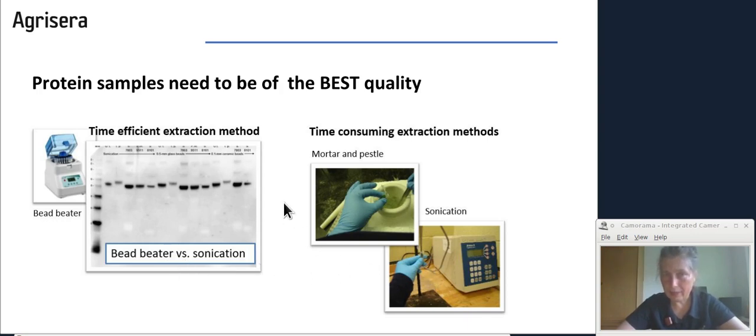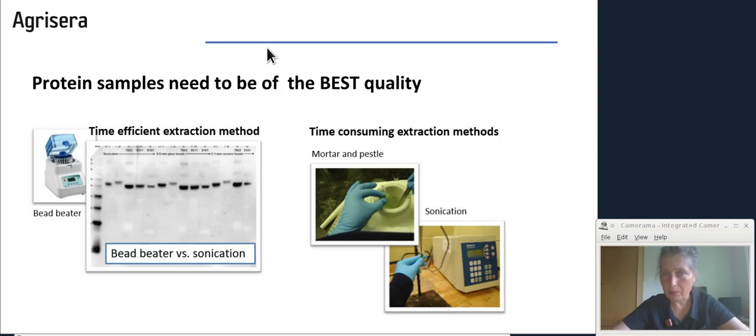Also, when there are multiple samples, these two protein extraction methods are quite time consuming and can also contribute to protein degradation. We have seen, for example, differences in protein patterns in this classical method between sample 1 and 15 if extraction was conducted over a longer period of time.